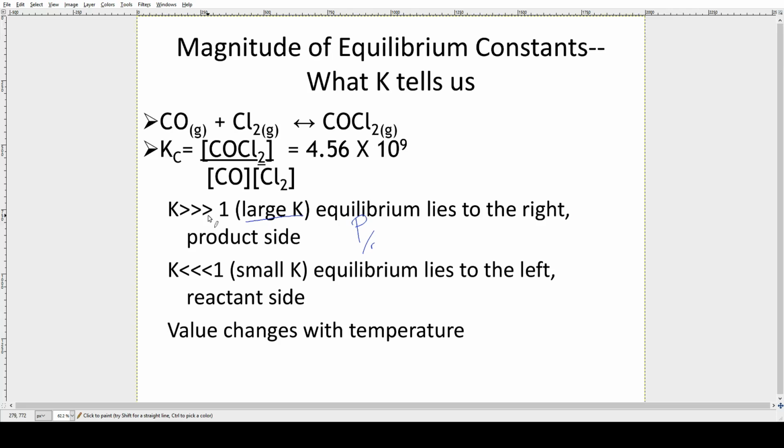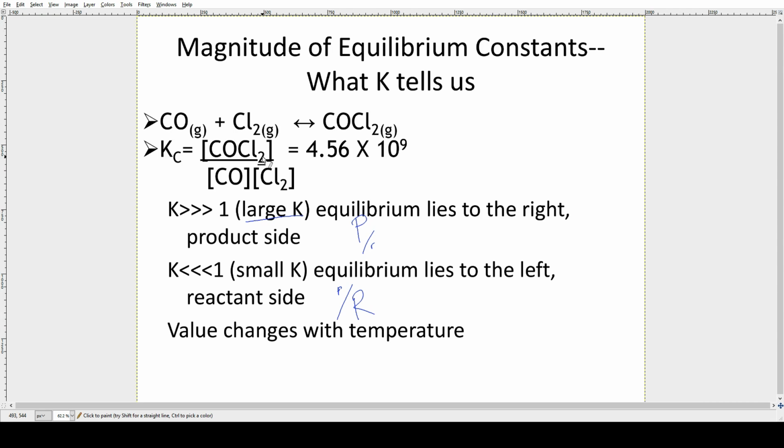If we have a very small K, less than 1, not negative, less than 1, then our equilibrium will lie to the left. We have not very many products and lots of reactants. And these values can change with temperature.